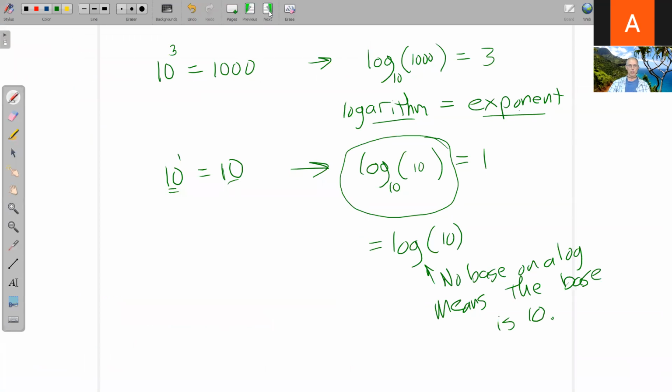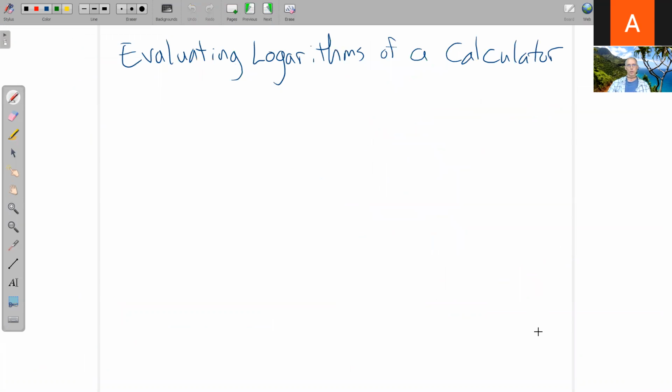All right, let's try another one on the calculator. We know, for example, that 10 to the first power is 10. We know that 10 to the second power is 100. Can we figure out what power of 10 is 75, for example?